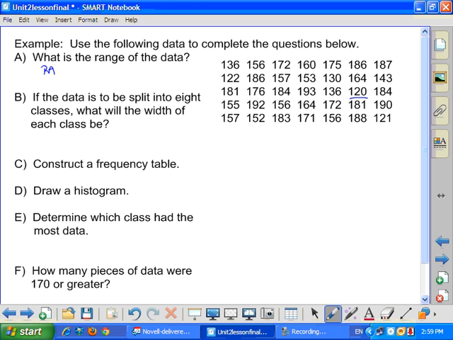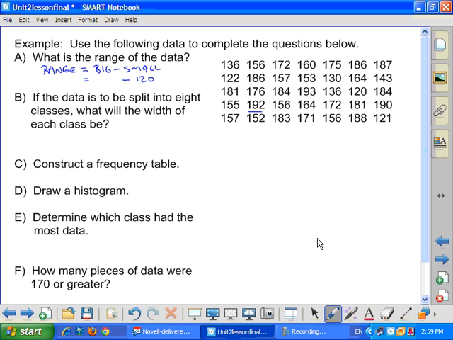So remember, range is equal to big minus small. I've got the 120. I know the small. Now for the big one. Where is my biggest piece of data? I got a 186. Oops, got a 192.